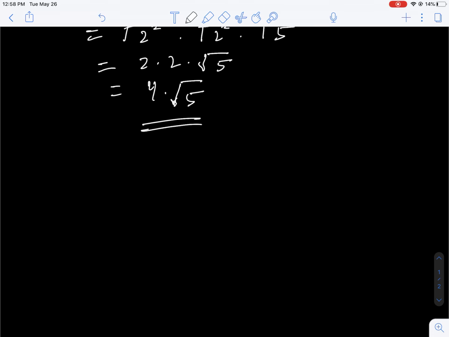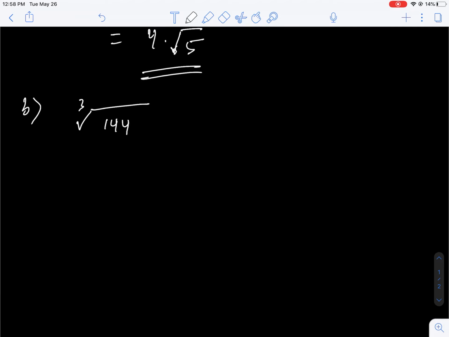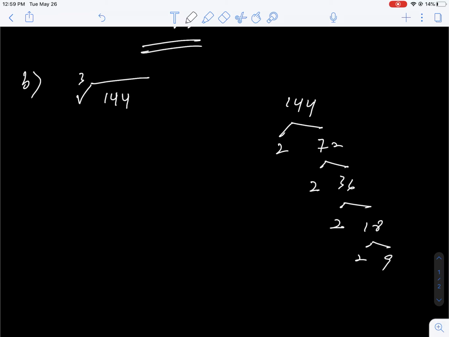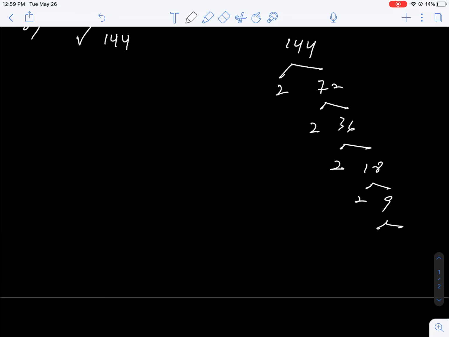I'm going to take another example. This is our example B. Excuse me. And this time it's a cube root. 144. We'll find prime factors for 144 first. So I'm going to divide this by 2. We'll divide 72 by 2 again. 36 by 2. 18 by 2 again, and now 9 by 3.